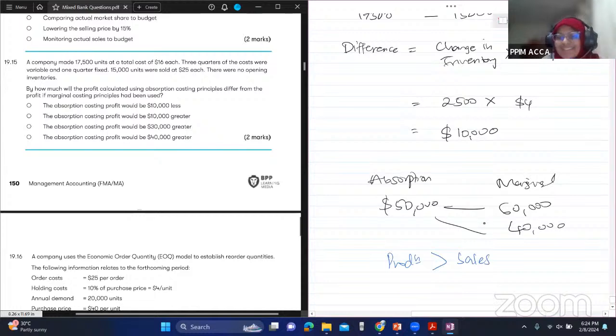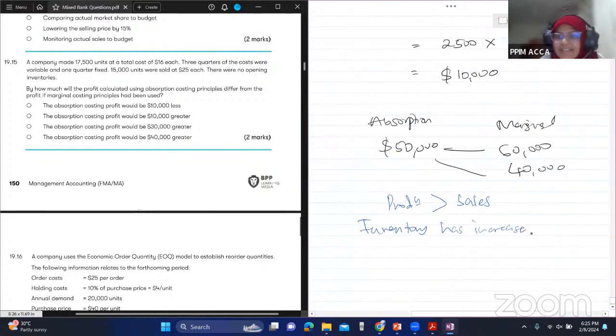If production is greater than sales, then what does that mean? Production is greater than sales, so inventory has increased. So if inventory has increased, that means absorption costing gives higher profit.